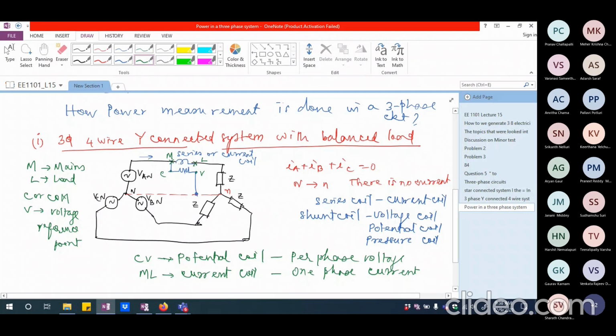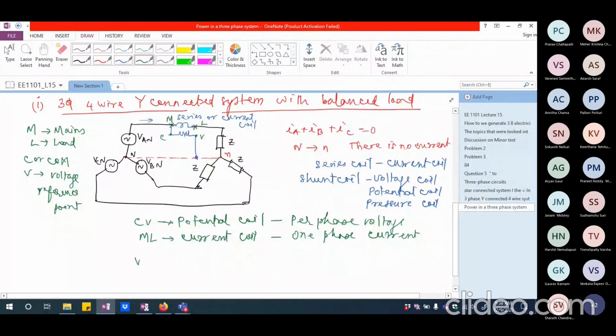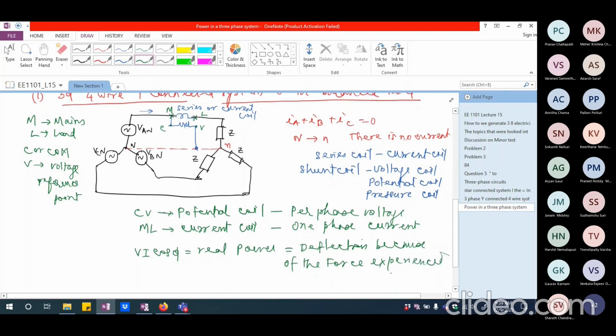So this CV carries per phase voltage and ML carries one phase current. So basically what it is going to read is VI cos phi, which is the real power, which is going to be the deflection that comes because of the force developed. It is going to create a deflection because of the force experienced by the pointer or the disc, whatever is attached to the pointer.